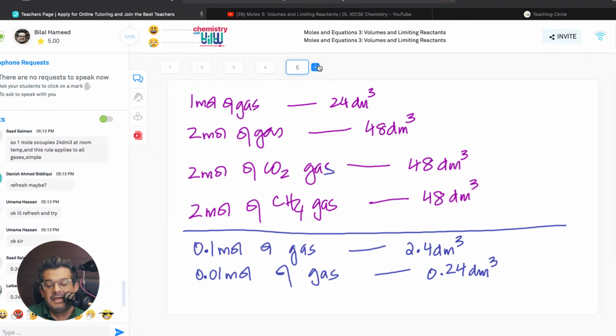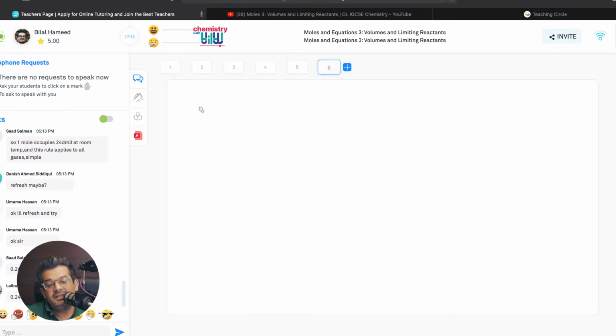Just like for masses, you use the formula number of moles is equal to mass over molar mass. For each and every substance, we use this formula to convert moles to something else.